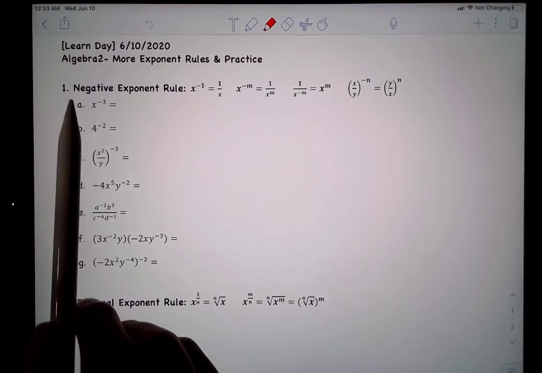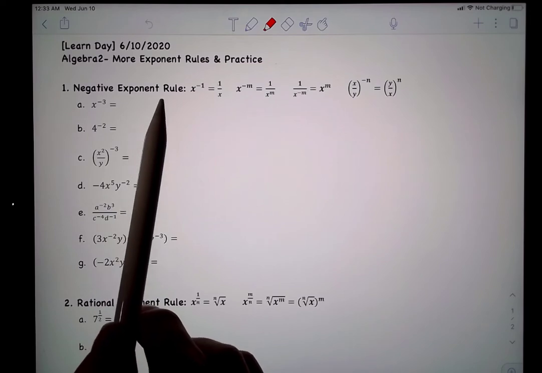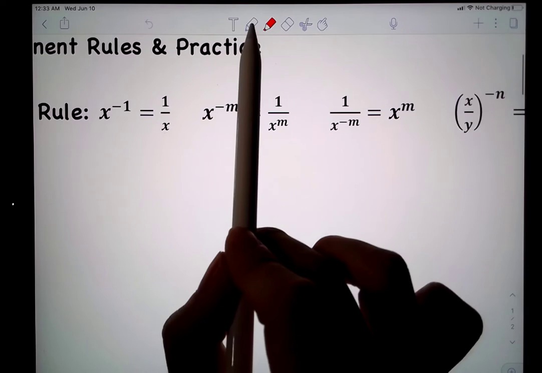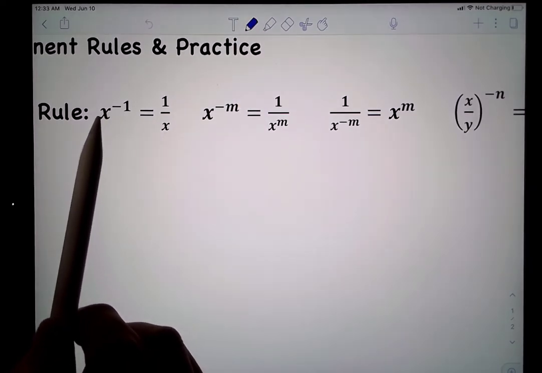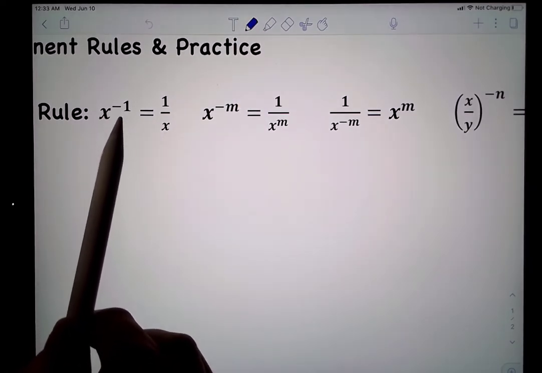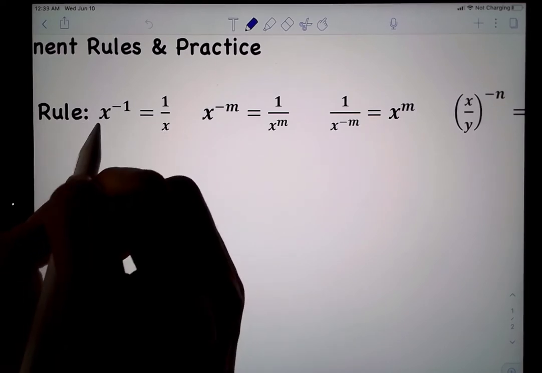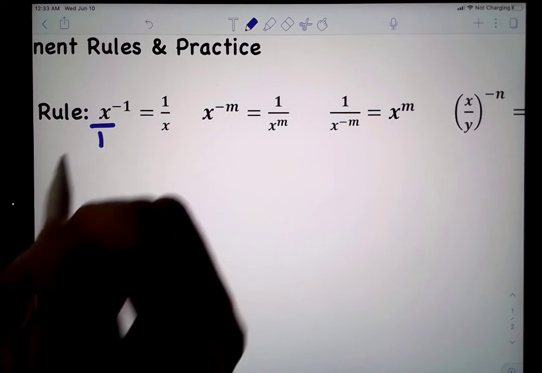So first one, negative exponent rule. Once you have a negative power like this, x to the negative 1, that means you flip the number. When you just have x, we know that's x over 1, right?